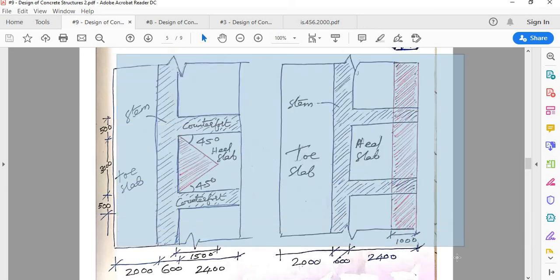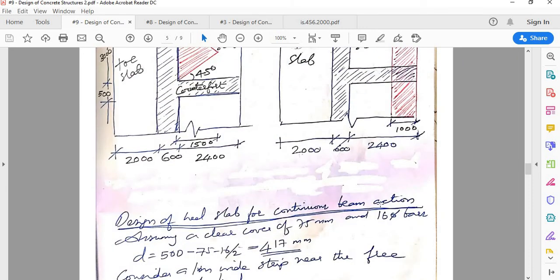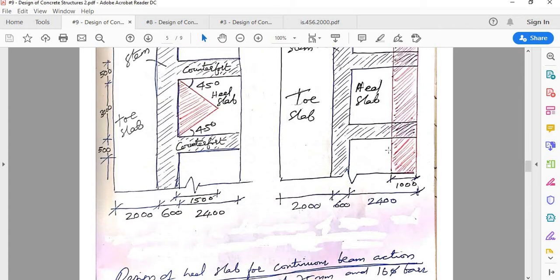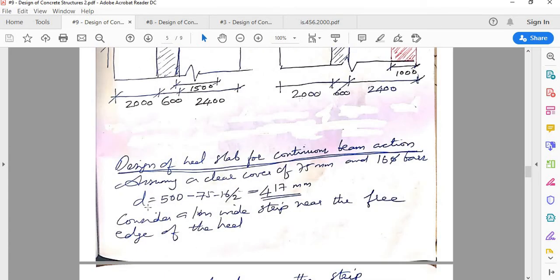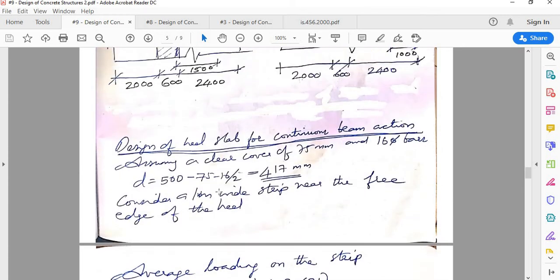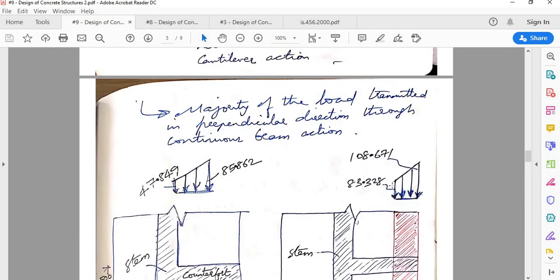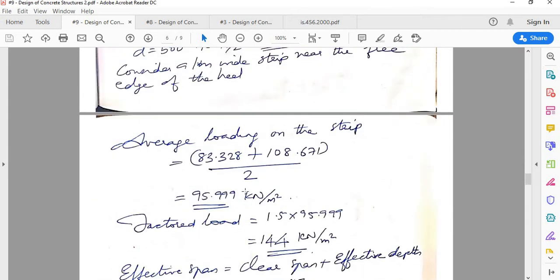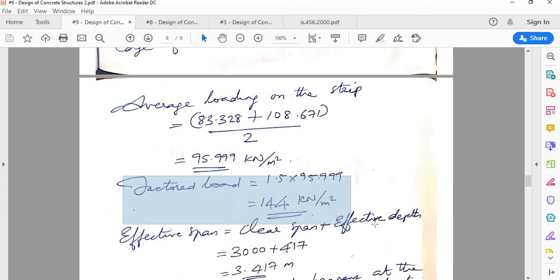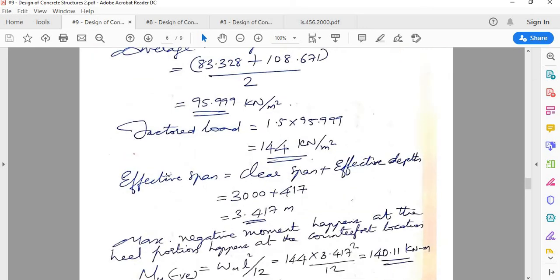Both of these are plan views. So let us design this. Again, assume effective depth with a clear cover and bar dia, then calculate the average loading. Using that average loading, this is the value, factor it by 1.5.